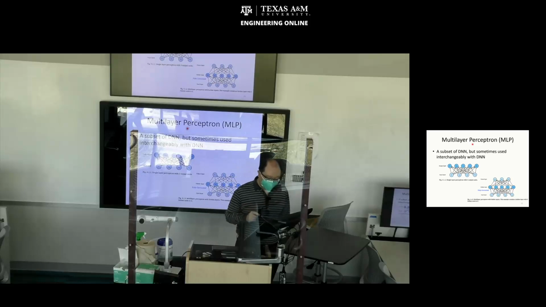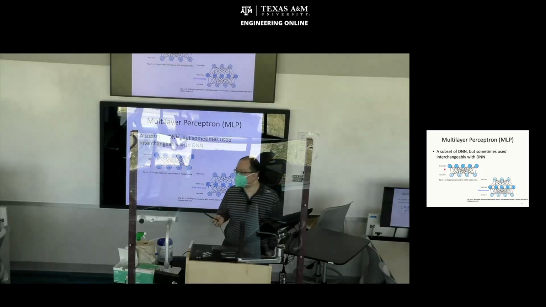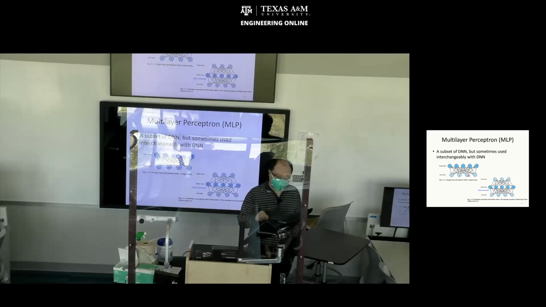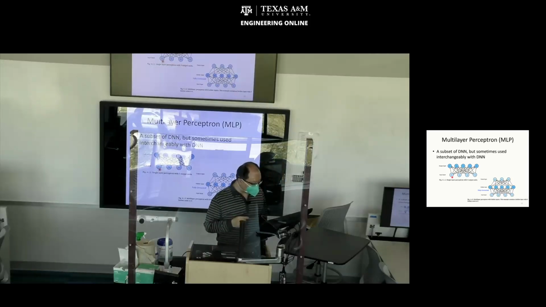So we will talk about the biological reasons or motivations underlying the single-layer perceptron in a few slides. But now I just want you to regard them as this very simple illustration, right? Because we already went through the math and the programming to understand these illustrations. So this is a single-layer perceptron.